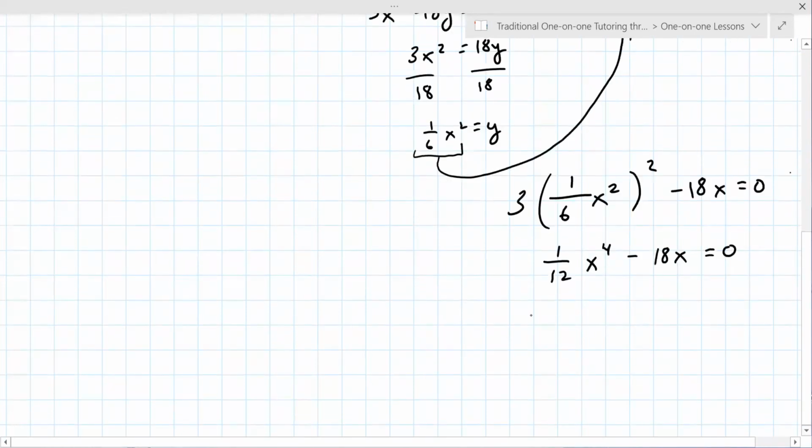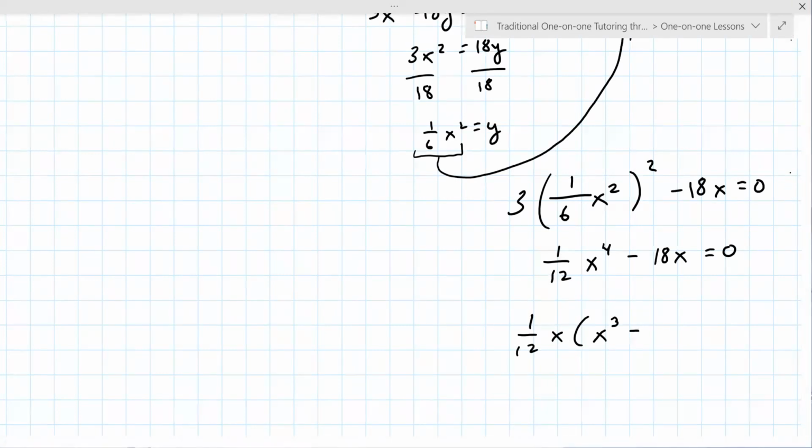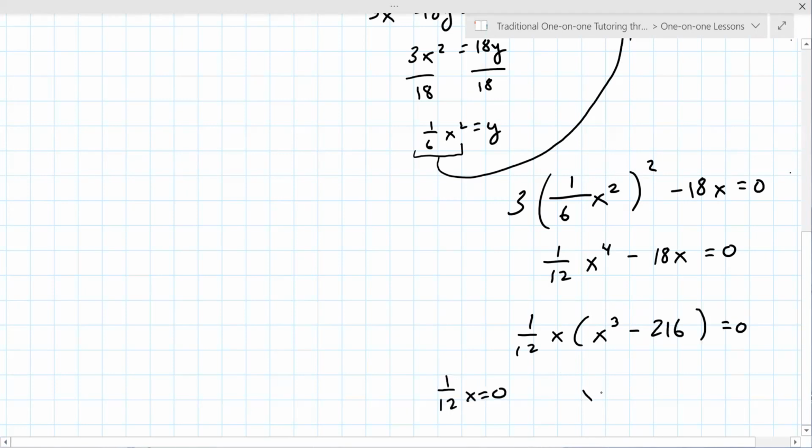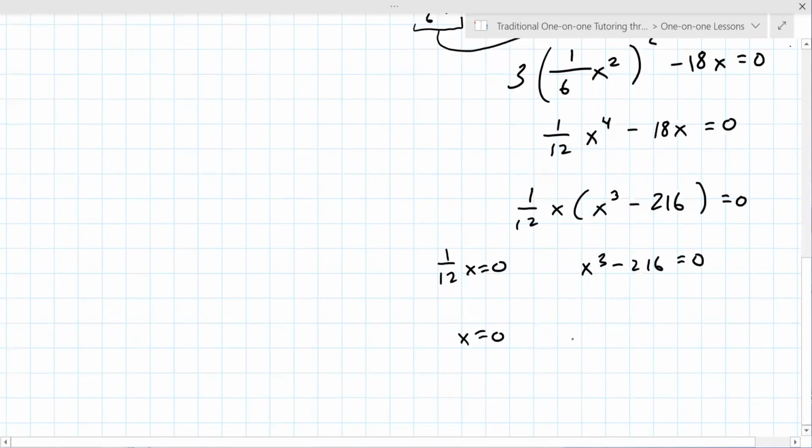And you can factor out a 1/12 x from both, and you get x cubed minus 18 times 12, which I think is 216, equals 0. If you set both of these equal to 0, you get x could be 0 or x could be 6.